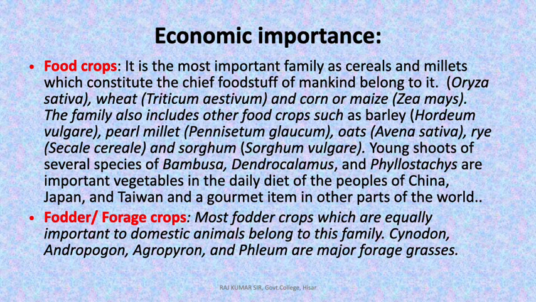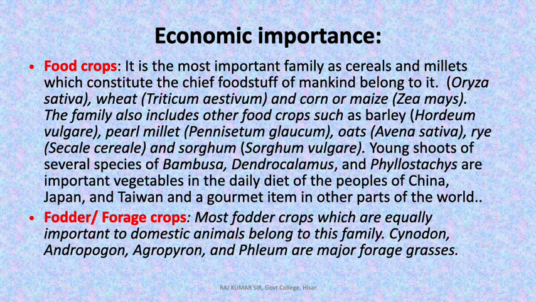Young shoots of several species of bamboos like Dendrocalamus and Phyllostachys are used as vegetables in daily diets of the people of China, Japan, Taiwan, and it's a gourmet item in other parts of the world. In India also the young shoots of several species of bamboos are used in eastern parts of India.